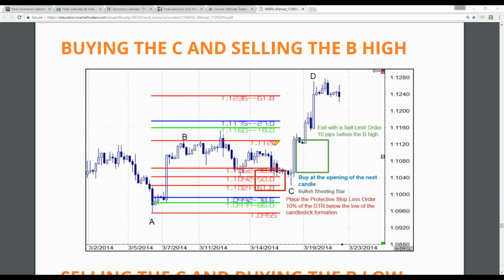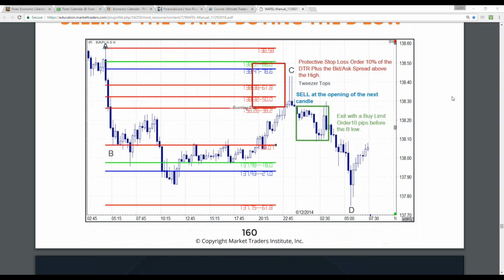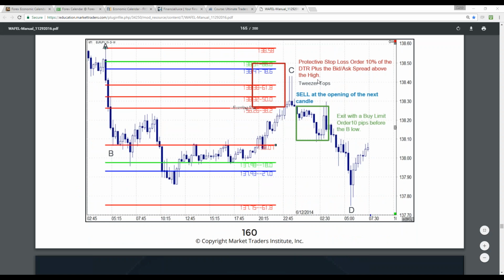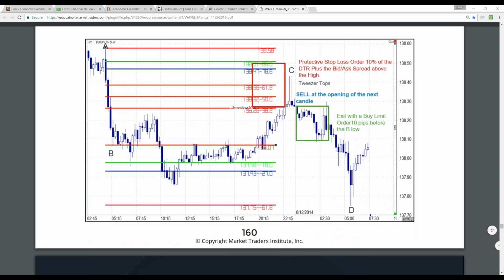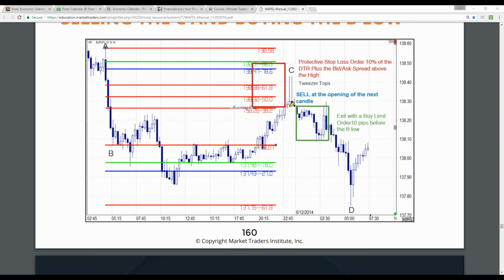If, on the other hand, I am selling, it will be basically the same process. By that I mean the signal will be the candlestick formation, in this case the tweezer tops. My entry will take place at the opening of the following candle once the candlestick formation has been verified.